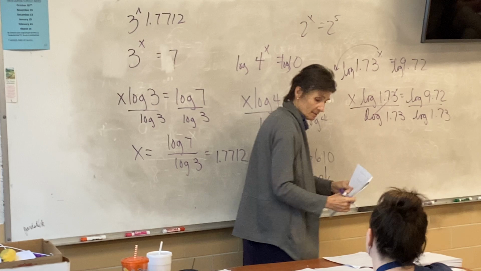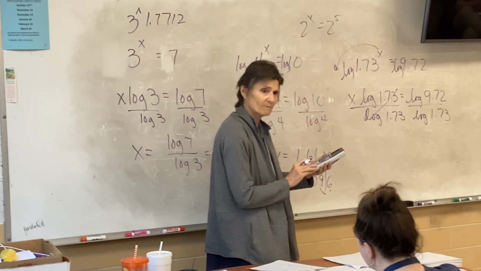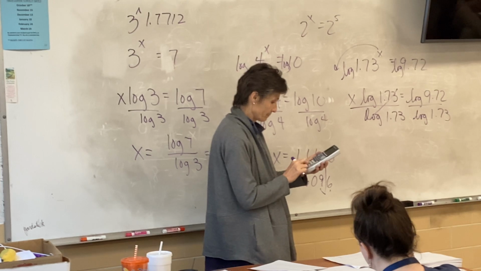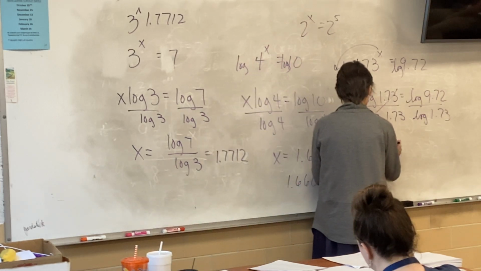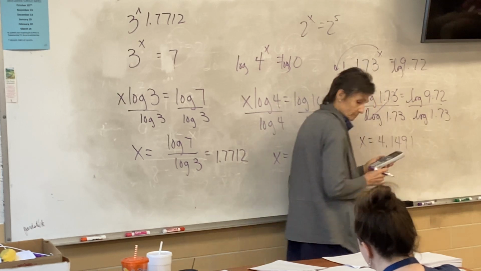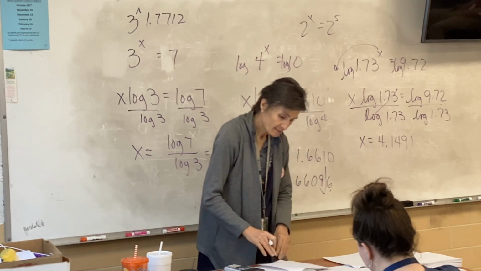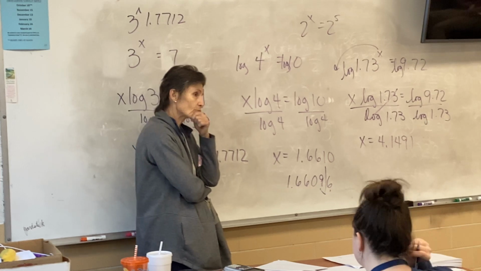So type that in. 4.15? Is that right? That sounds awfully good. Oh, it is right. So x equals 4.1491. I don't think there were any directions, but I'm rounding to the 10,000 because that's what we did before on our calculator.